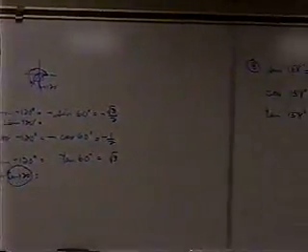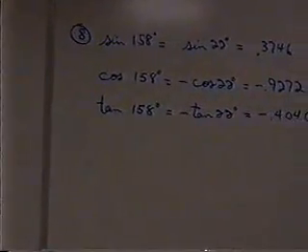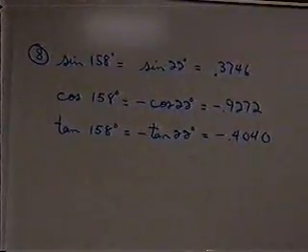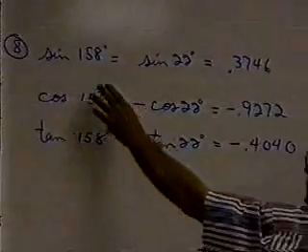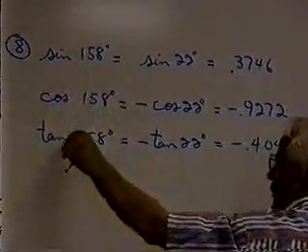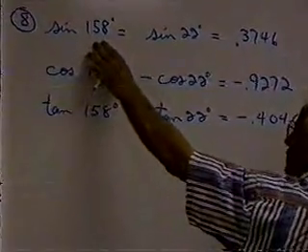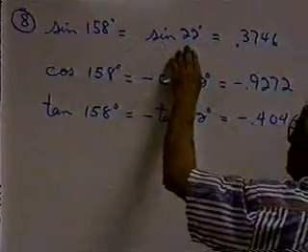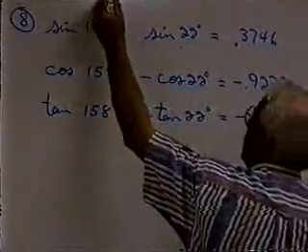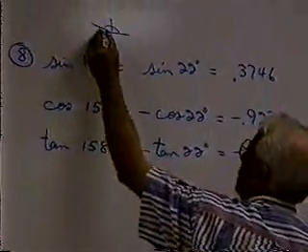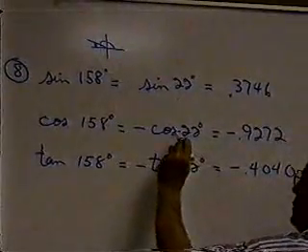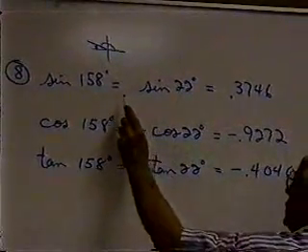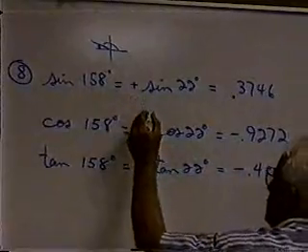The last two examples on that sheet on page 2: the sine, cosine, and tangent of 158. Sine of 158, well, that's the sine of 22. How far is it from the x-axis? 22. All right, and sine is positive.